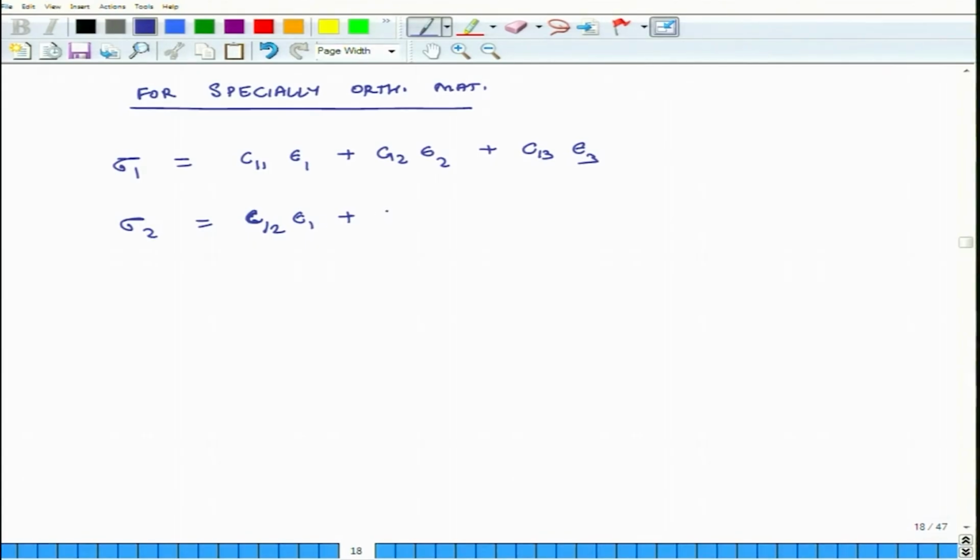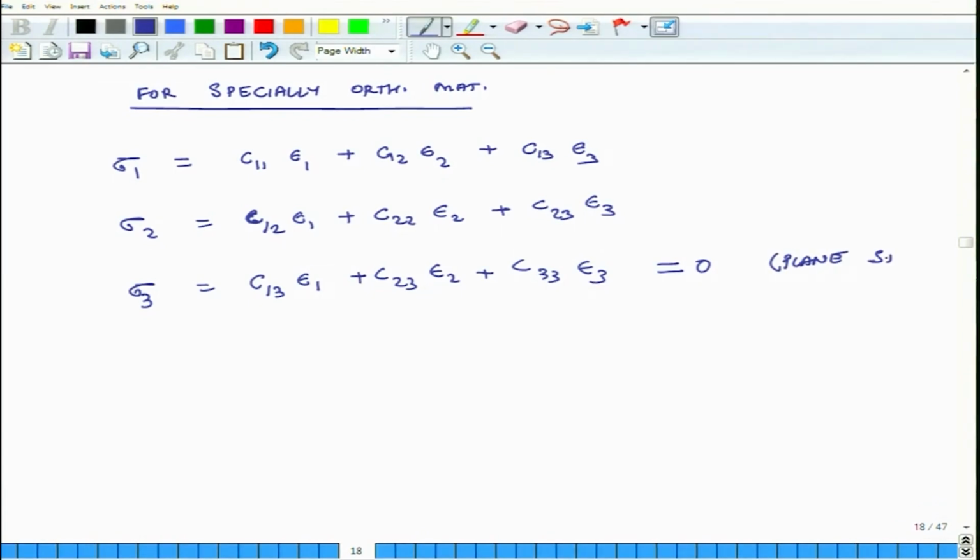Sigma 2 is equal to C12 epsilon 1 plus C22 epsilon 2 plus C23 epsilon 3, and sigma 3, whether it was 0 or not, the expression for this will be C13 epsilon 1 plus C23 epsilon 2 plus C33 epsilon 3, and this is 0 for the plane stress situation.